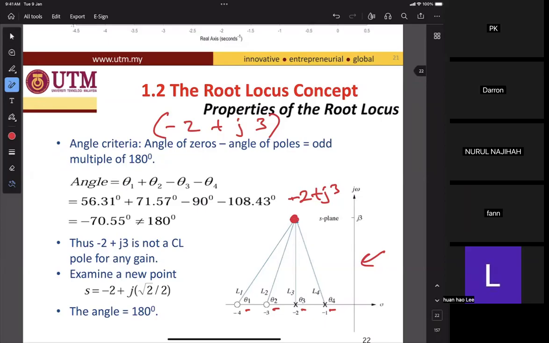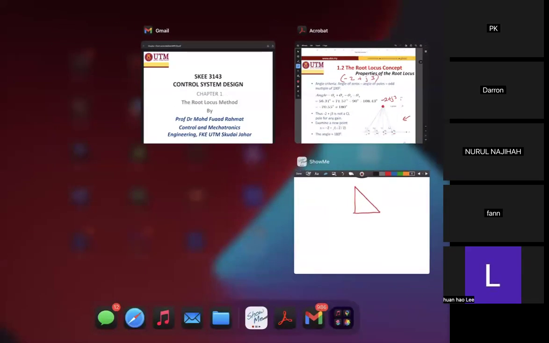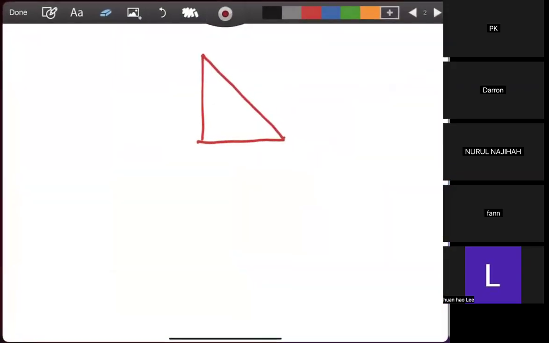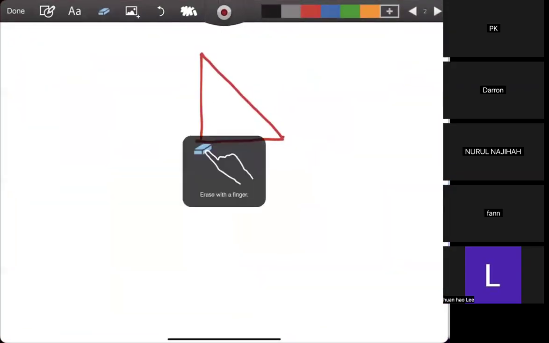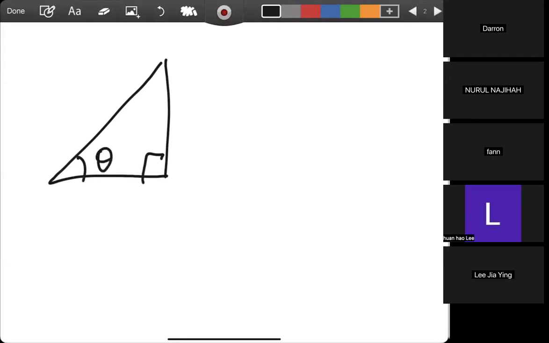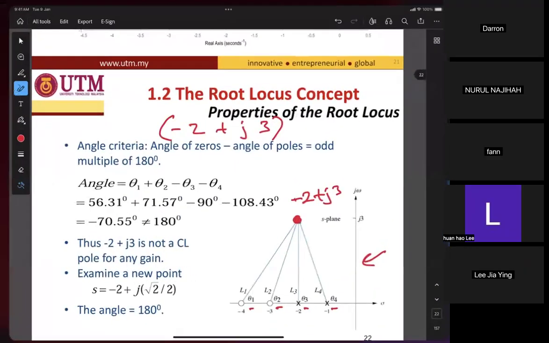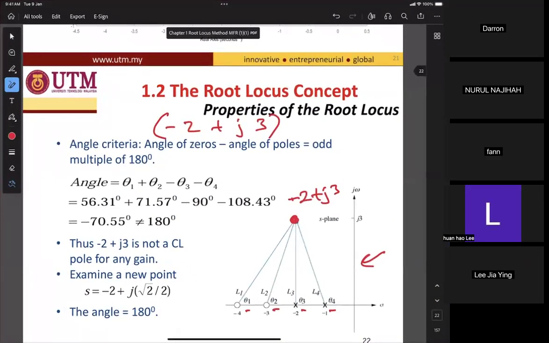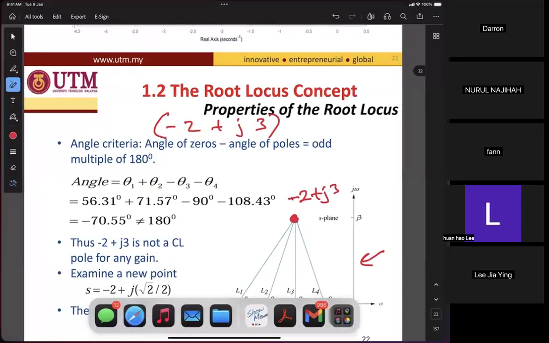Let's start with theta 1 first. Its height is 3, and its base is 2.